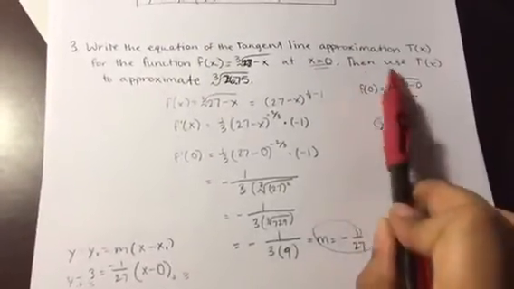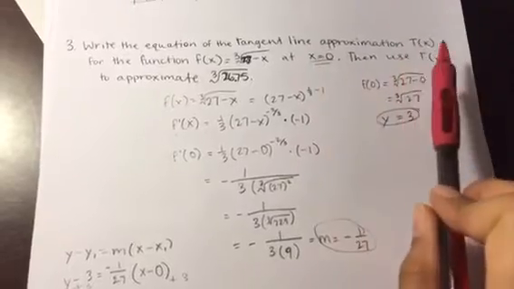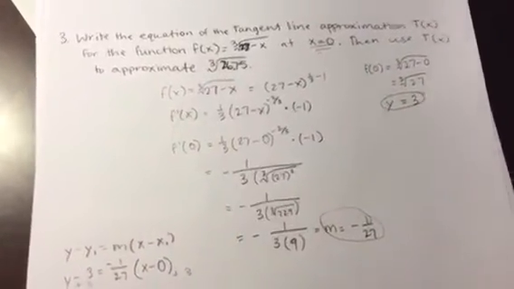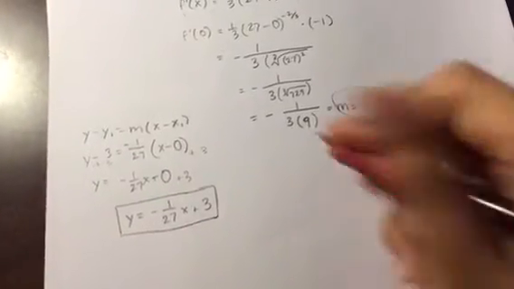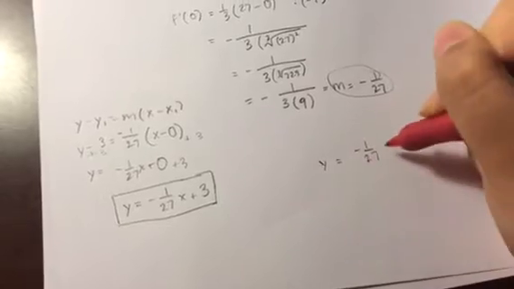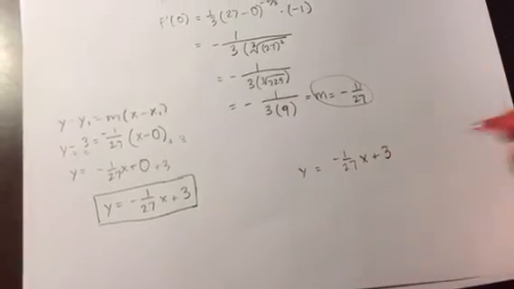Then the second part of the question says to use t of x, the tangent line approximation we found, to approximate this value. So we're going to use the equation that we got: y equals negative 1 over 27 x plus 3.